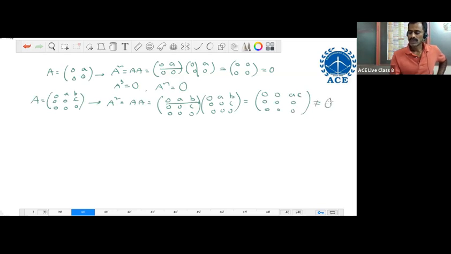This is not equal to the 0 matrix. A power 2 is not equal to the 0 matrix for third order.